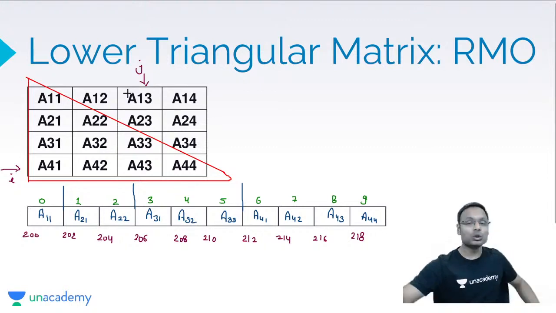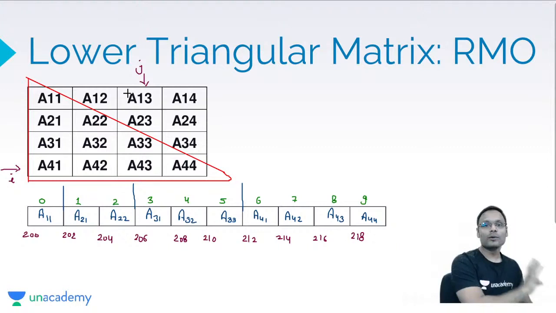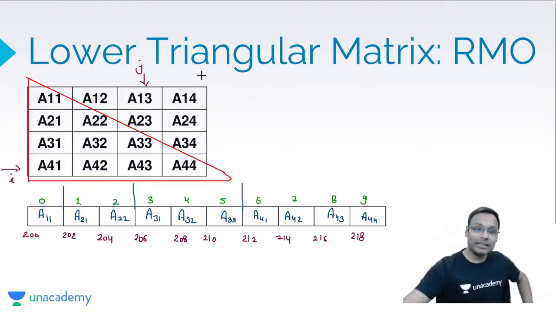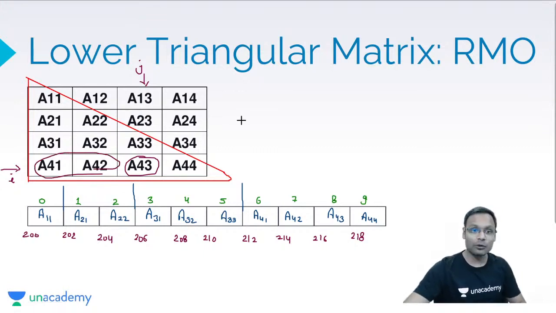So 1, 2, 3, 4 up to I minus 1 row, all the elements you have stored. Now within the jth column, before reaching the jth column within this ith row, some more elements you have stored.